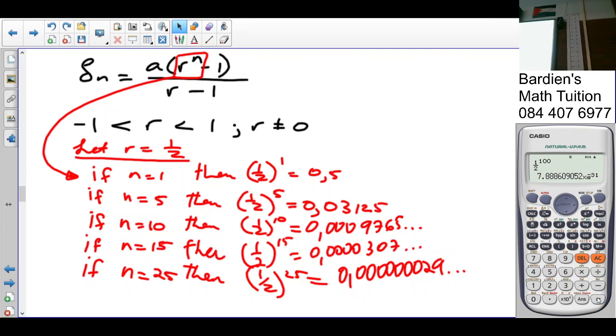There's even more zeros before the number starts. So that's going to be quite a bit of zeros before you get that 7, 8, 8, and so on. So what do we notice if n approaches a very large number, or if n approaches infinity? Then what can we conclude?